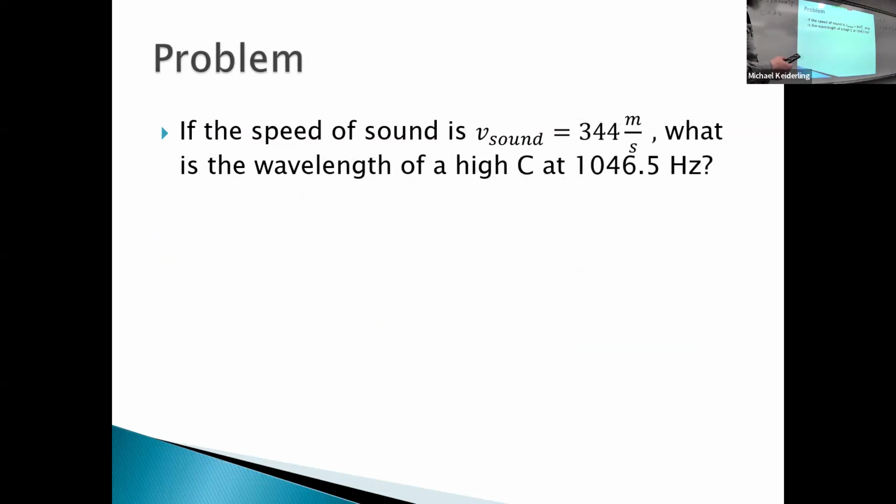So if the speed of sound is 344 meters per second, what is the wavelength of a high C at 1046.5 hertz? That's the ISO definition of a high C, because tuning is standardized.